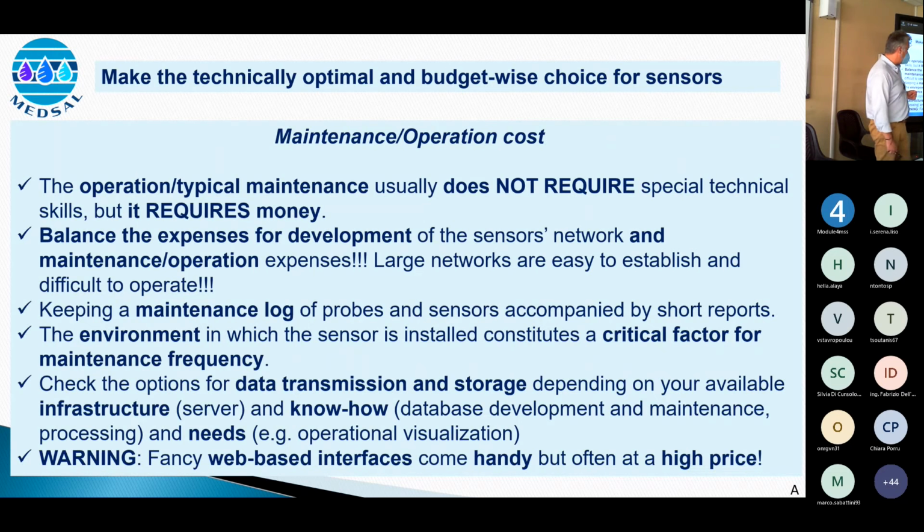Keeping a maintenance log. You need always to keep a detailed log of when you need to service and calibrate a sensor, what you did, how you did it, what are the indications, and of course, mark a date that you will need to change the sensor because it has reached its life cycle. Do this provisionally in shorter time frames than the originally prescribed by the manufacturer, because this is a safer option.